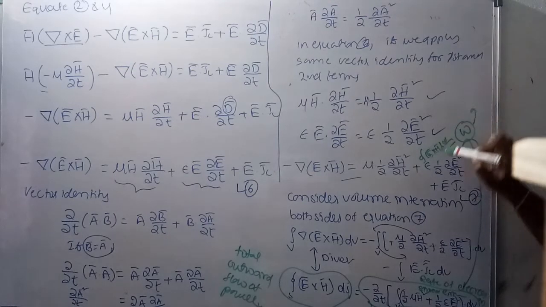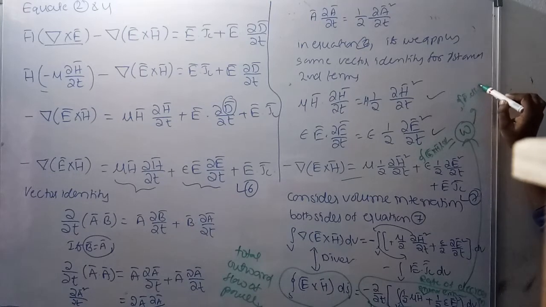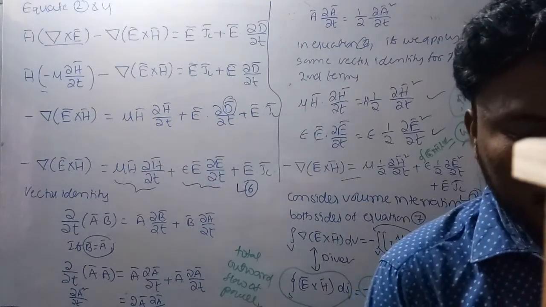So finally, Ē×H̄ equals P̄, and P̄·dS̄ equals W, hence proved. Okay, this is about the Poynting theorem. Okay, thank you.